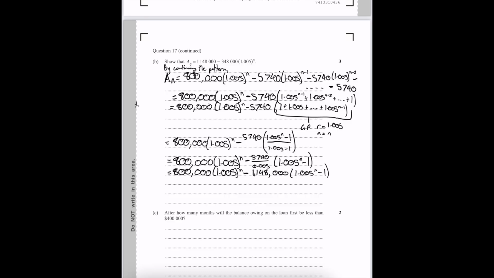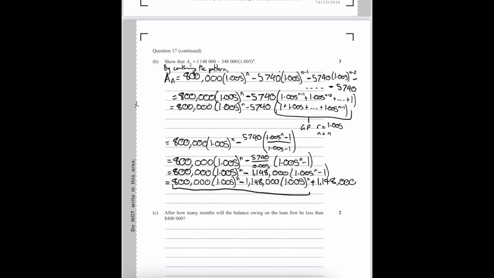And then we can just expand the bracket. So once we've expanded that, then we can, I guess, just collect like terms.